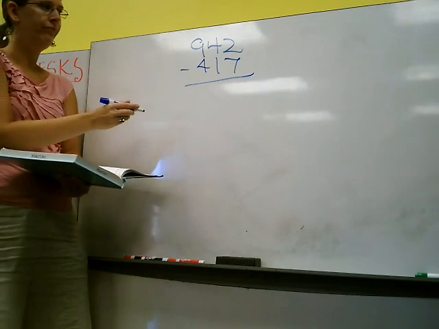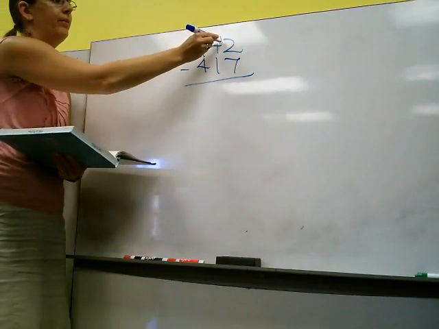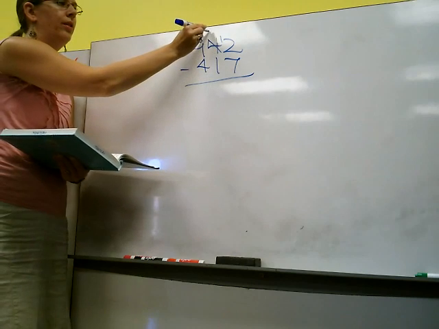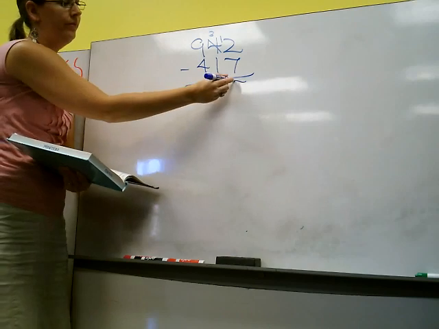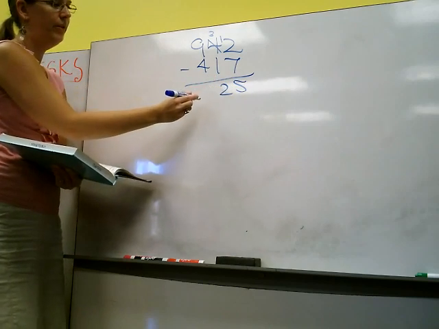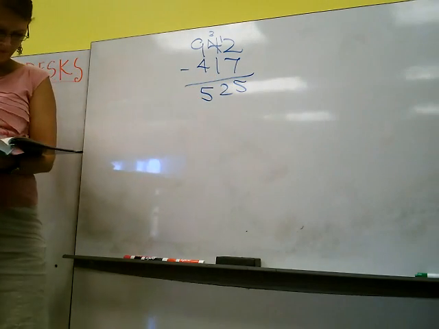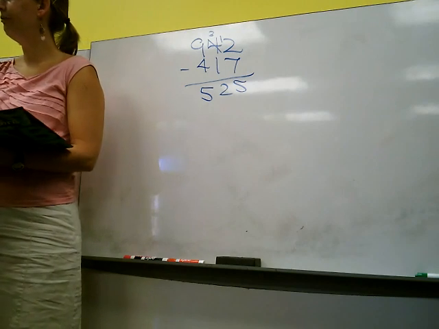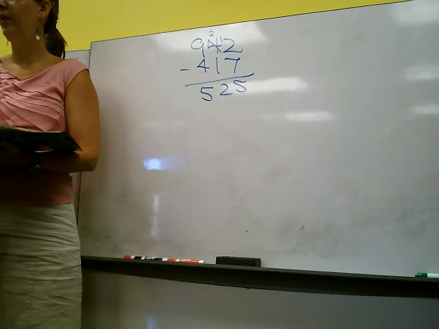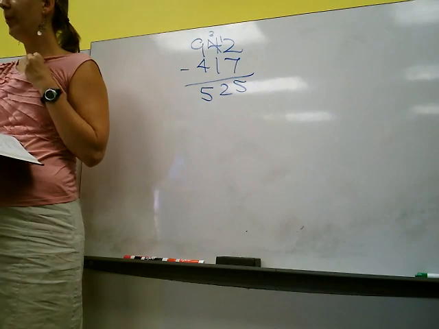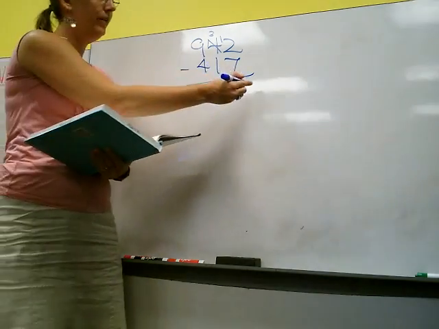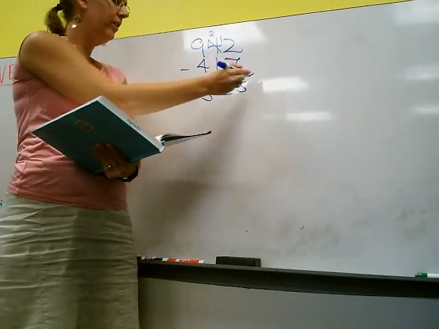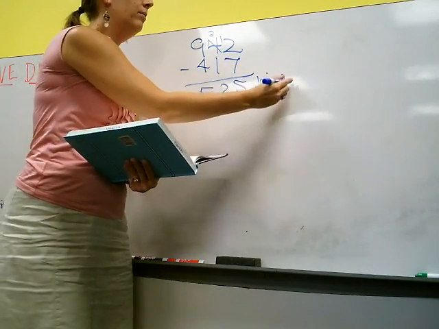Go for it. 12. Borrow, so that becomes 3. Good. So 12 minus 7, 3 minus 1, and 9 minus 4. 5. So my answer is 525. Give it its shirt back. 525 birds arrived. Good.